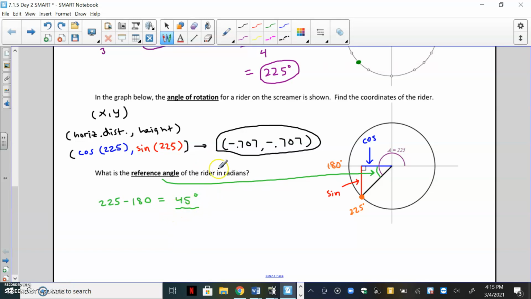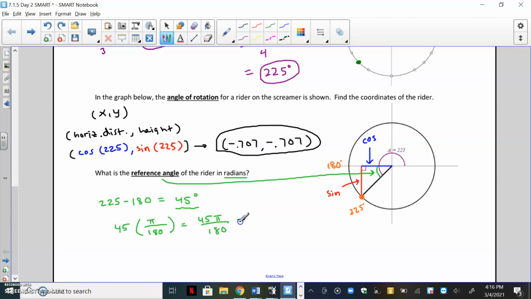Now I would be done, except it's asking for radians, so I'm just going to go ahead and convert this to radians using my conversion factor. So this becomes 45 pi over 180.